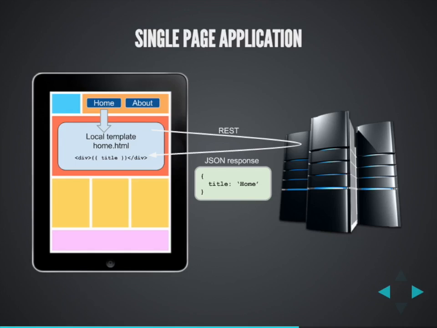So let's say we have this red section here. That would be like the home section. And it wants to load content into the home section. It has a template that you see right here, which is a regular template, but it uses tokens. These tokens, like the title, would be inside that token. And the tokens are denoted by these squiggly brackets. And then a REST API request is sent out to the server.